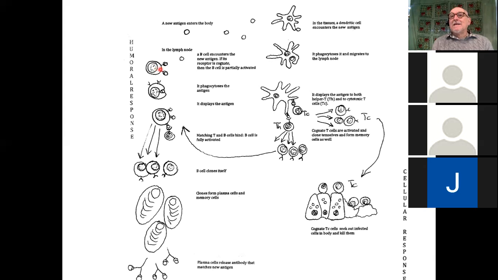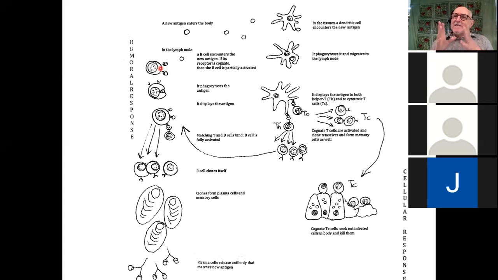If it's a virus, it will ingest it. If it's a bacterium, it can also ingest it. And rather like the others, it will then digest it, cut it up into little pieces, and it will display the epitopes on its cell surface. Again, with MHC class 2.